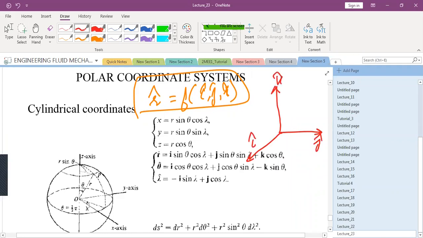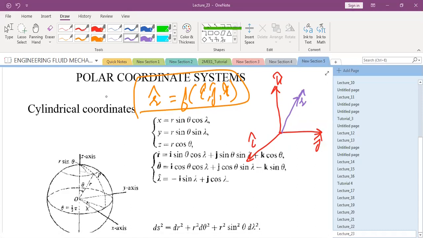This is the k cap direction. And I should mark like this: this is the r cap direction. What will be the theta cap direction? Which direction will be theta?